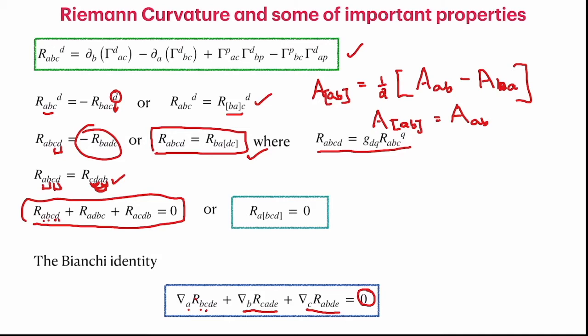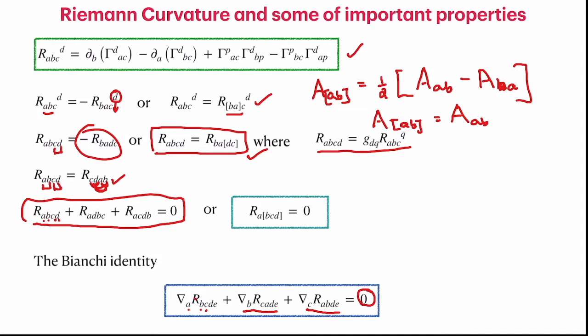In both cases it is straightforward but long algebra. You can show that the derivative of the Riemann tensor, cyclically permuted and added up, is going to give you 0.